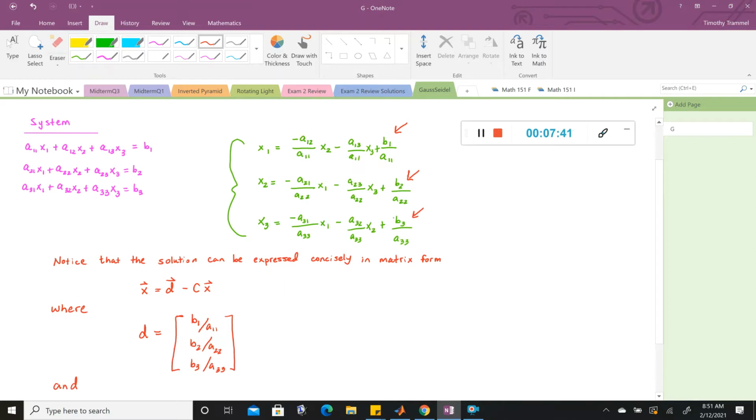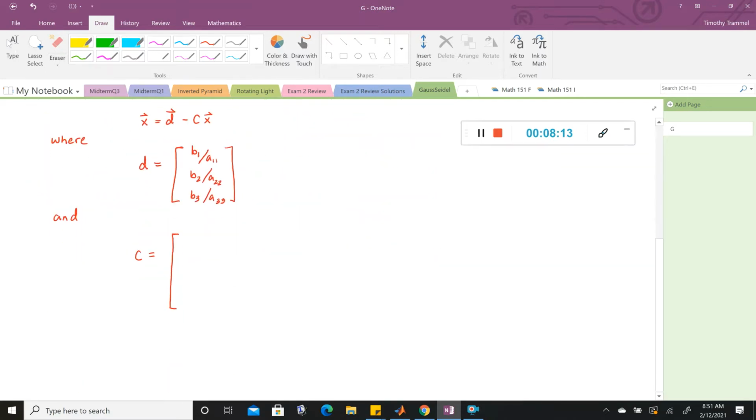If you look at this system of equations and you ignore the B1 over A11, B2 over A22, and just look at the parts that contain X1, X2, X3, notice that in the first equation, there is no X1. In the second one, there is no X2 on the right, and in the last one, there's no X3 on the right. I'm talking about the right-hand sides here. So what that means is we're going to have some matrix, and it's going to have zeros along the diagonal.